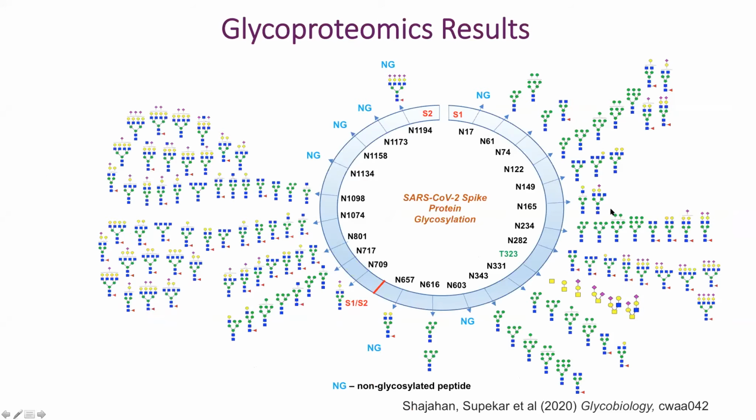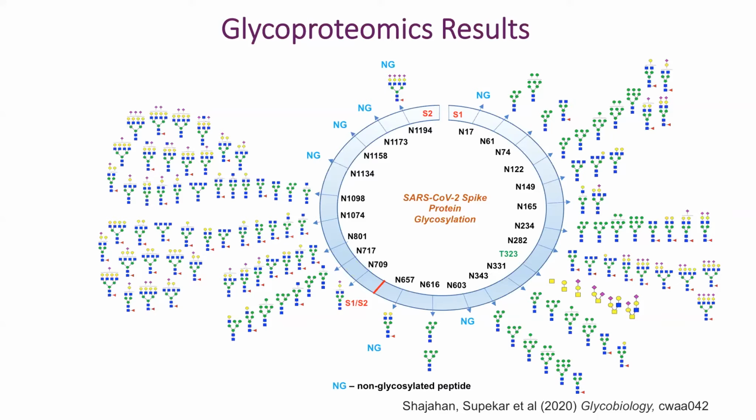So what about the overall glycosylation of the different subunits? In the S2 subunit, the 1098 site is very heavily glycosylated with larger N-linked glycans. Overall, I would say the S2 subunit is more complex, but also heavily glycosylated on those sites that are glycosylated.